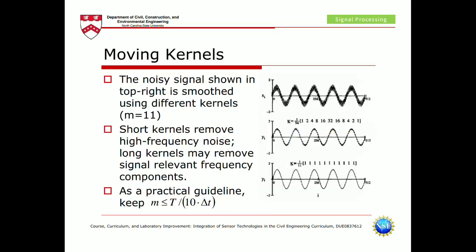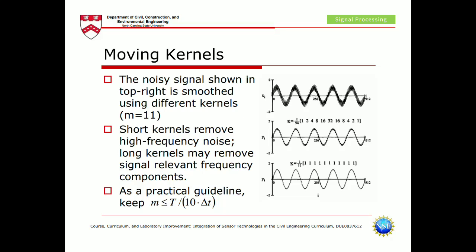For the moving kernel, the noisy signal shown in the top right is smoothed using different kernels, for example m equal to 11. The short kernel removes the high frequency noise, which is desirable.